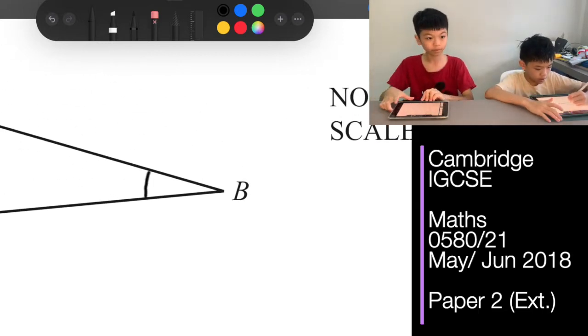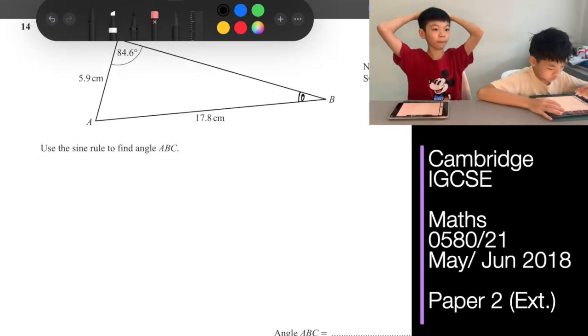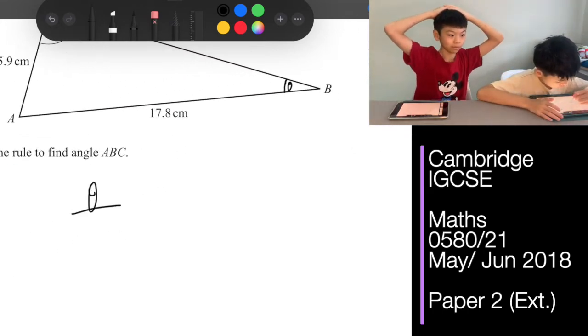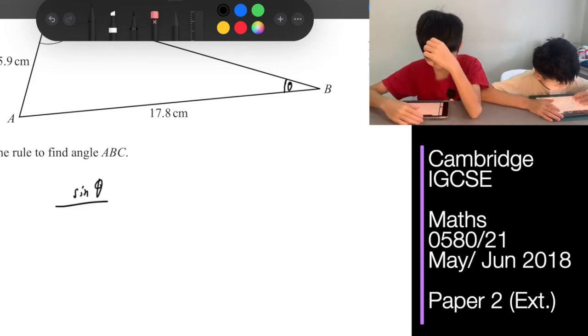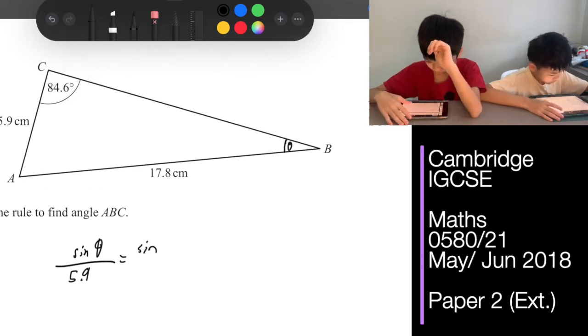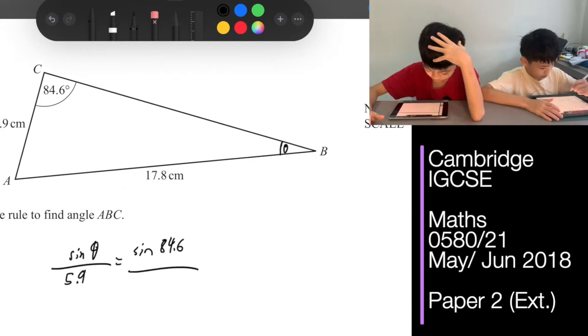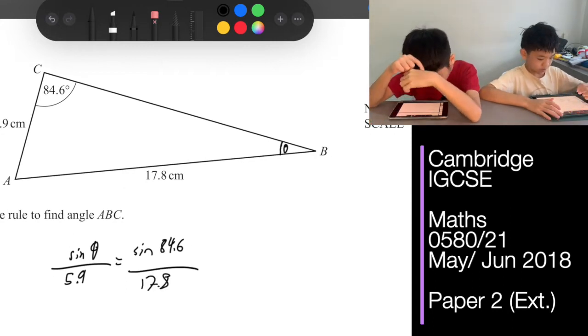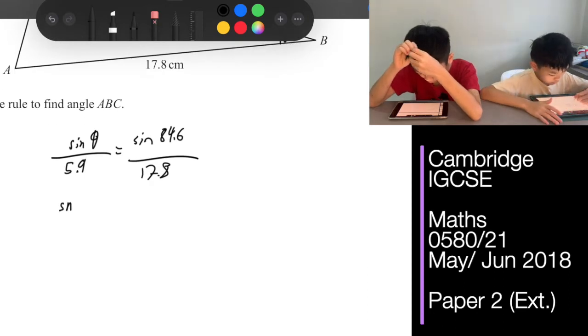Let's assume this is theta. So sine theta over 5.9 equals sine 84.6 over 17.8. This is the sine law, but with the inverse, so it's easy to find theta.